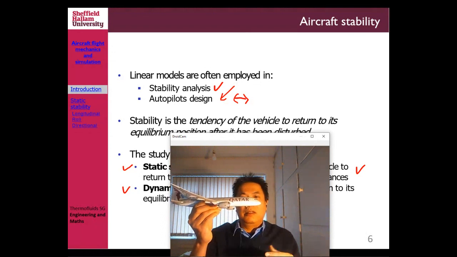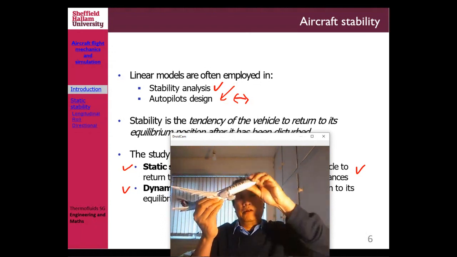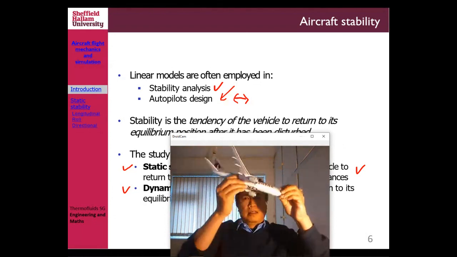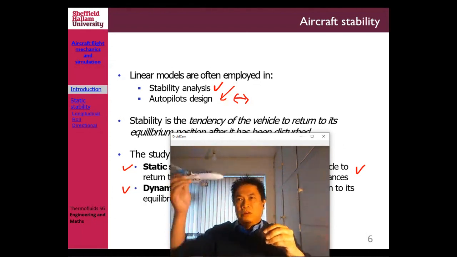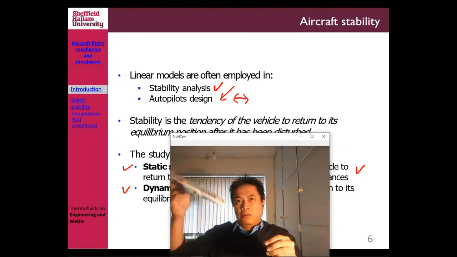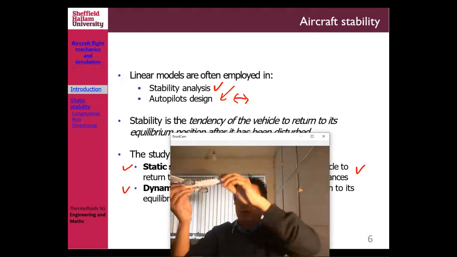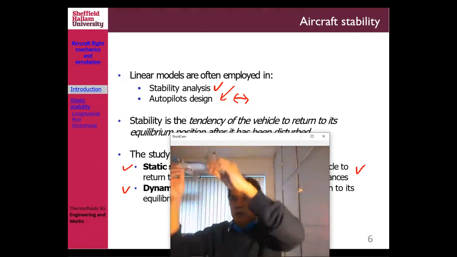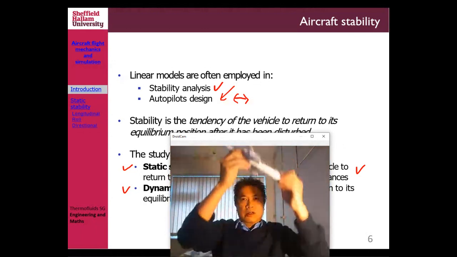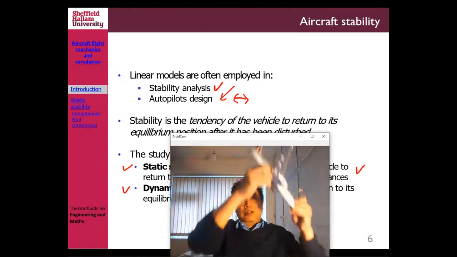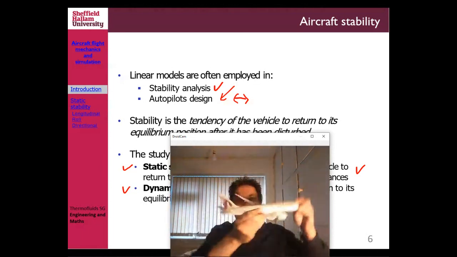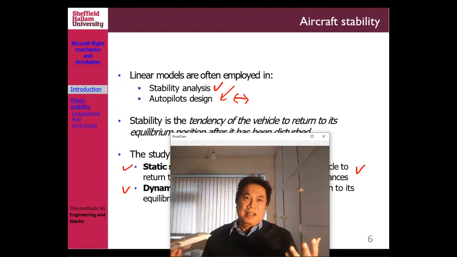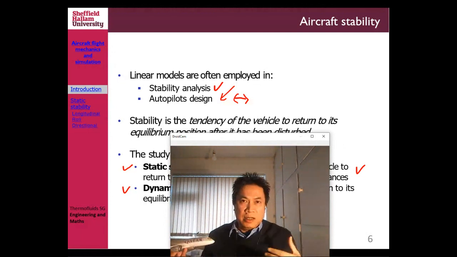So what happens after that? Whether your aircraft then starts moving in an oscillation mode, and whether it's going to converge, right? Or it's going to diverge, making a bigger oscillation, with bigger and bigger amplitude over time. That means your aircraft is dynamically unstable.